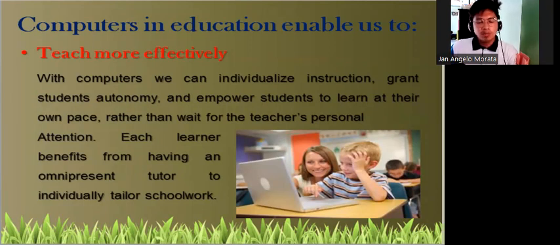So, always accessible yun sa kanila, always present, and kung kailan nila gusto, ma-access nila. So, that is the beauty at kagandahan naman ng computer in education. So, to teach more effectively. So, in terms na hindi sila maintindihan, they can always look back.